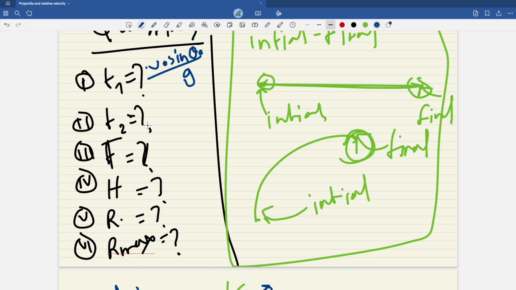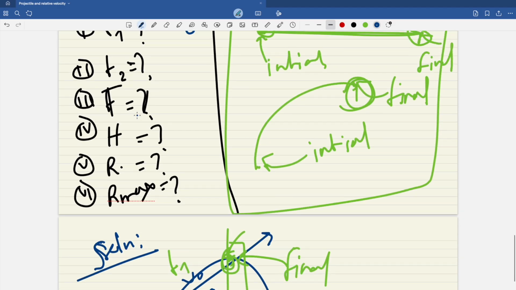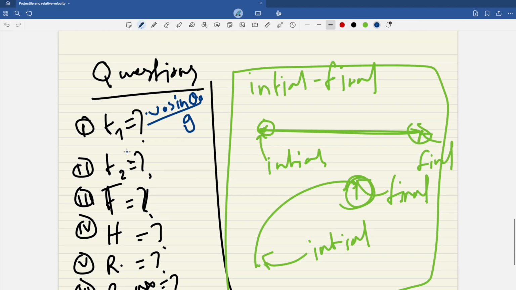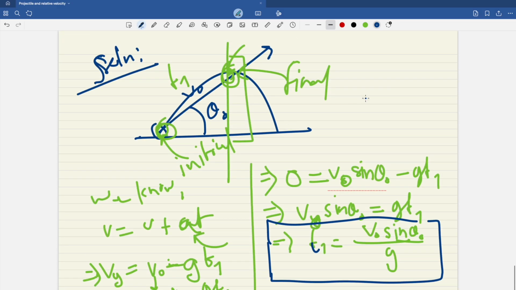Now for the second question, it asks us to find T2.